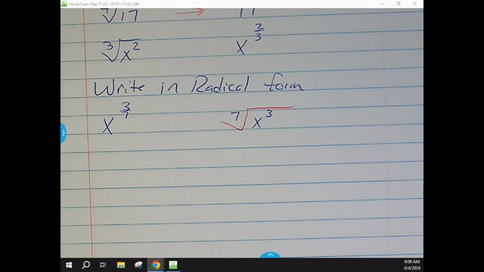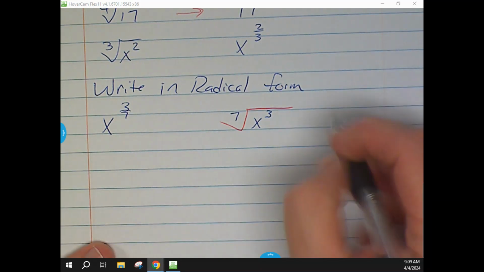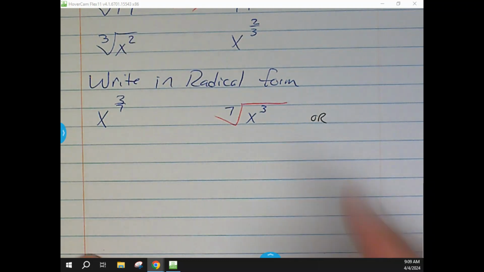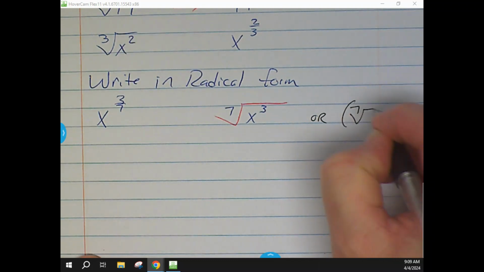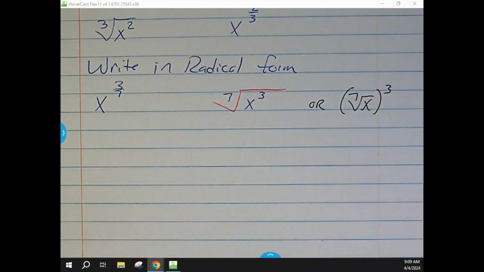Later on, sometimes you may not want to do that part at first. You also can have it set up like this, doing maybe the 7th root of x and then to the 3rd power. So you technically could do this one either way, but if you're just simply rewriting it, that's the answer we're looking for.